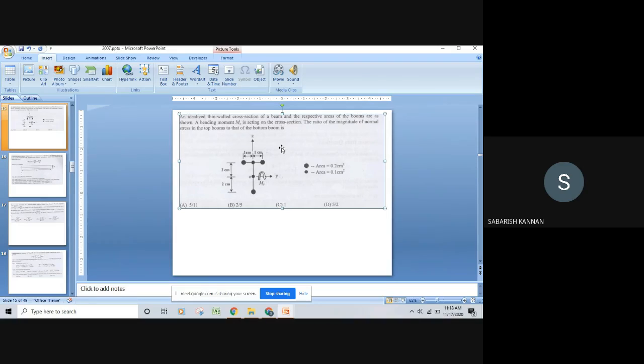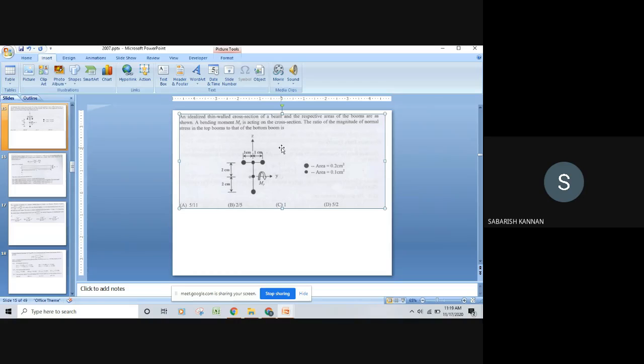The heights they gave are 2 centimeter and 2 centimeter, and 1 centimeter and 1 centimeter. They also give the bending moment My.